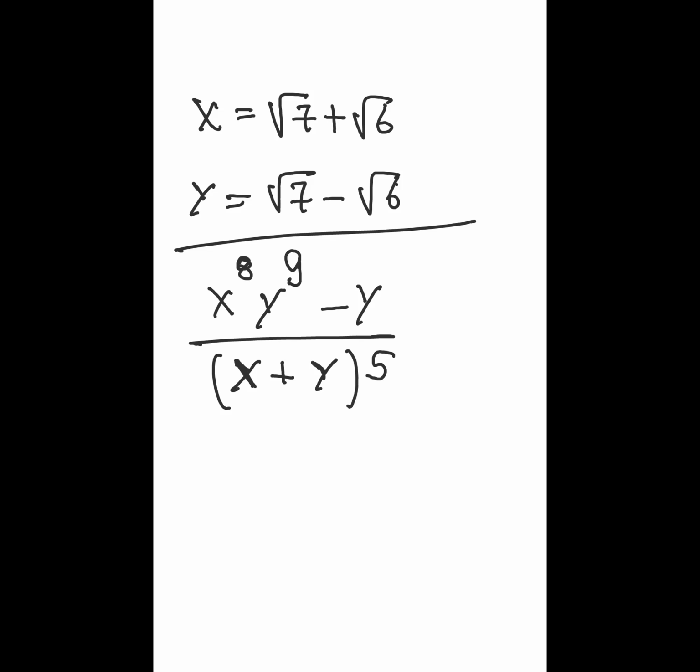Okay, then how to solve this one? Actually, it's very easy. There is a common factor here. It's y, right? So this one will equal y times x power 8, y power 8 minus 1, over x plus y at the power of 5.